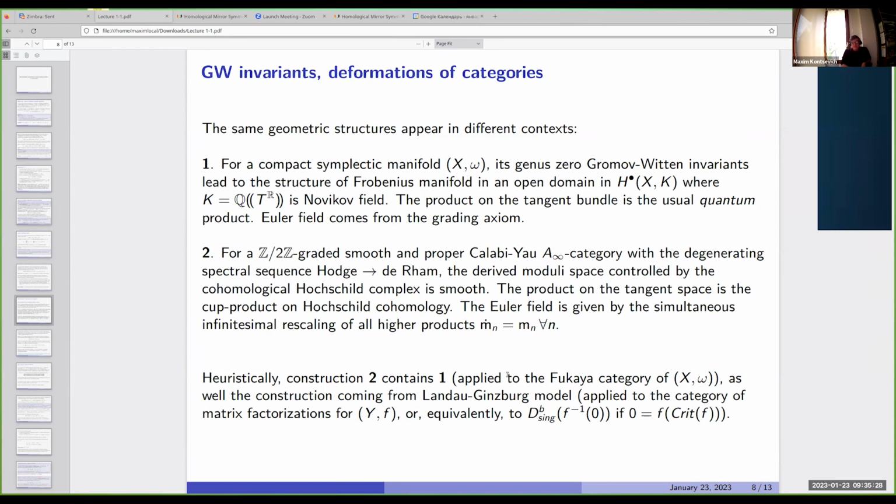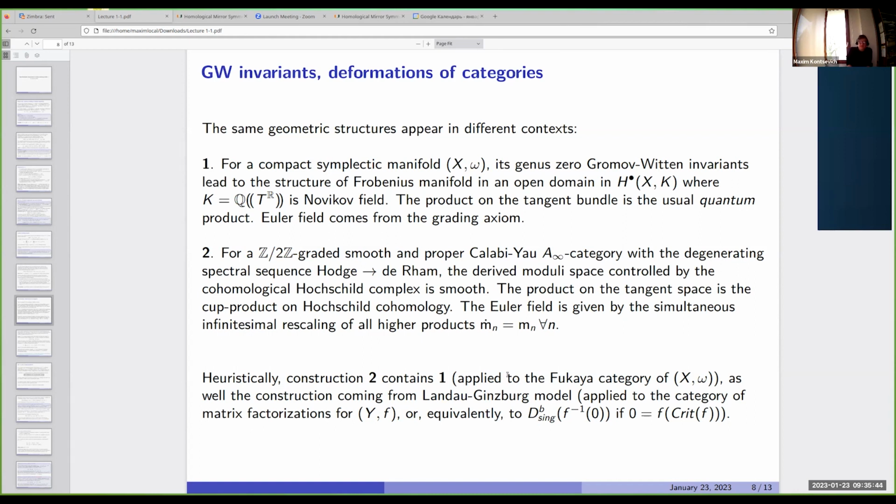Yeah, in fact, this second construction, now maybe the zeroth construction, is the Landau-Ginzburg model which I talked about before, that is, a variety with a function. This second construction is heuristically the most general one.